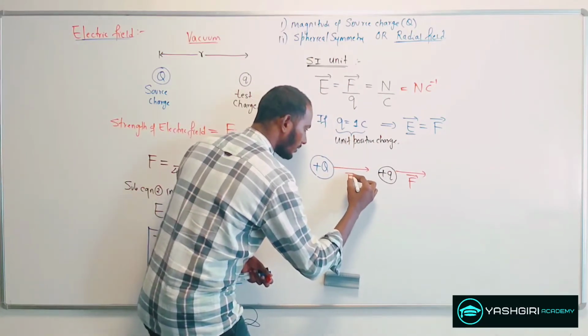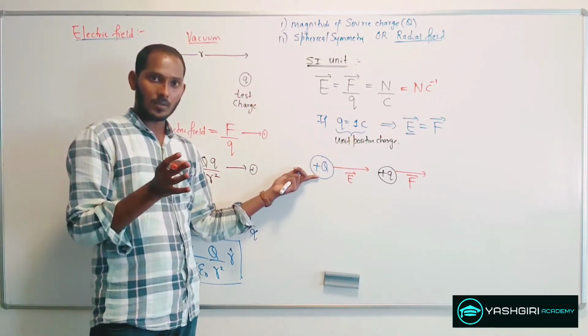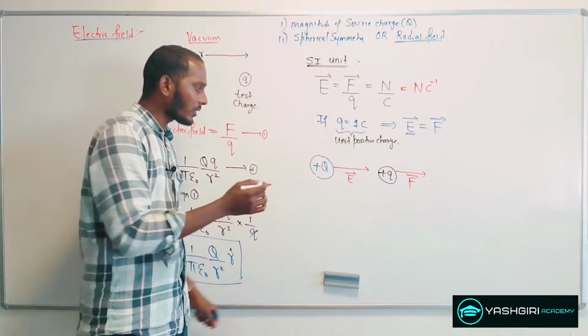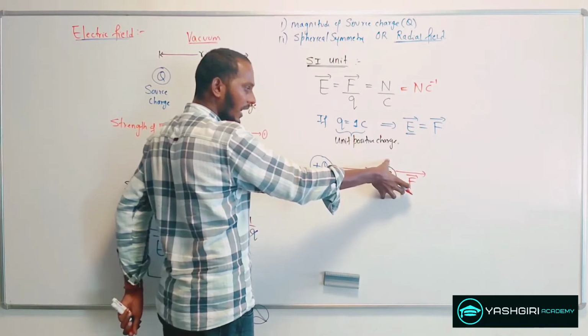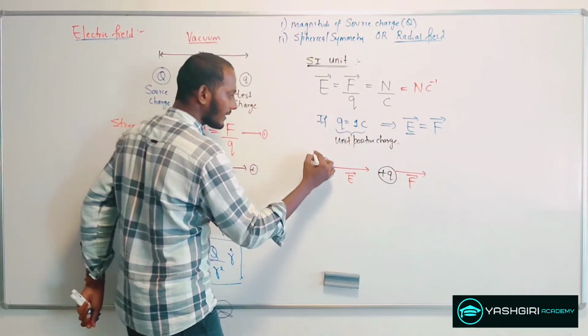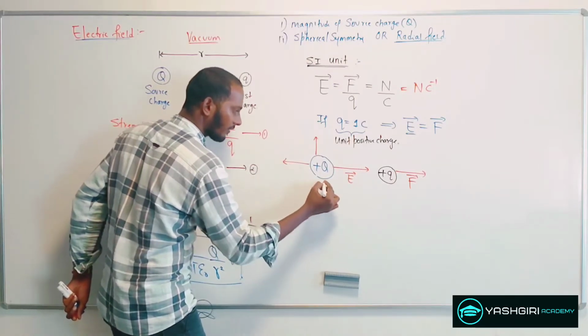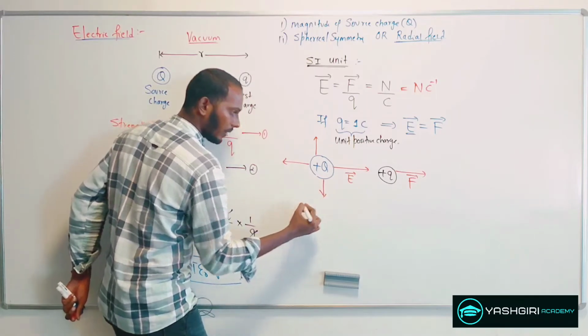So that's the direction of the electric field. So whenever you see a positively charged body and you want to show the direction of its field, you can show it radially outward. Like that, if you put the same charge here, you can show it like this. So I can show the electric field for this plus Q to be radially outward.